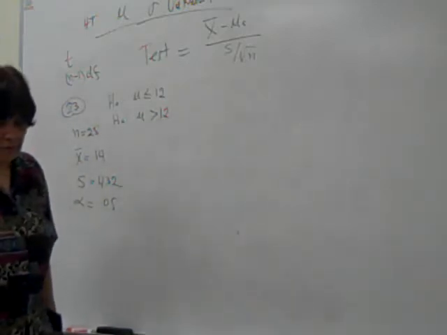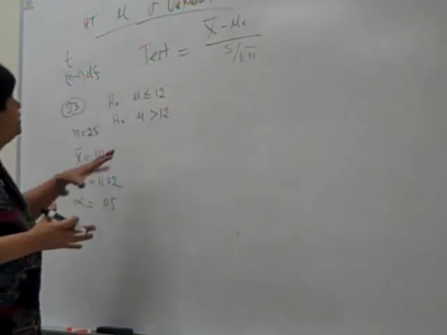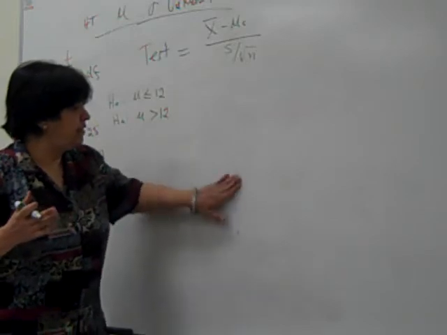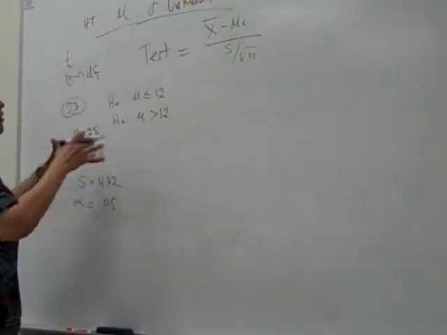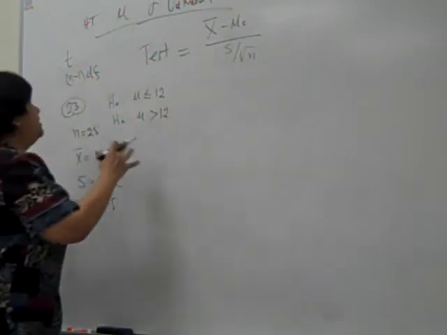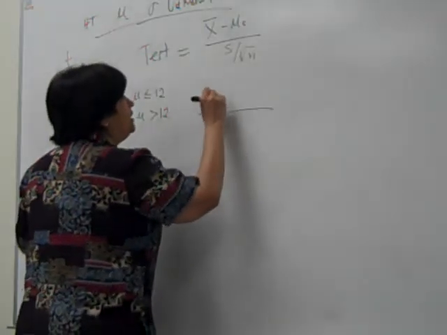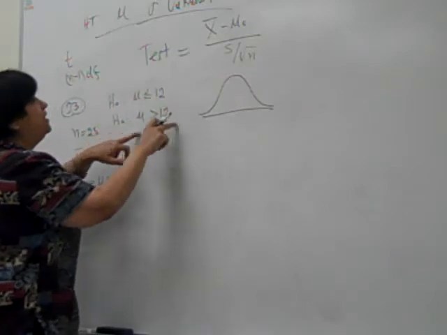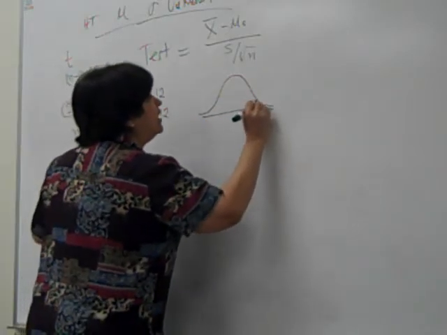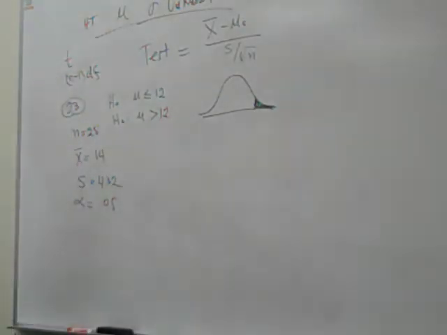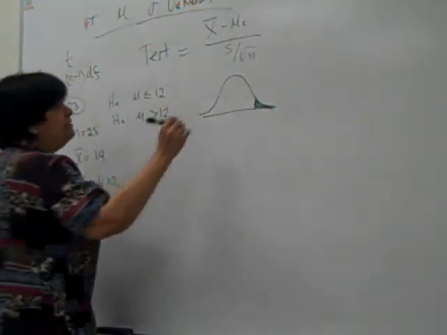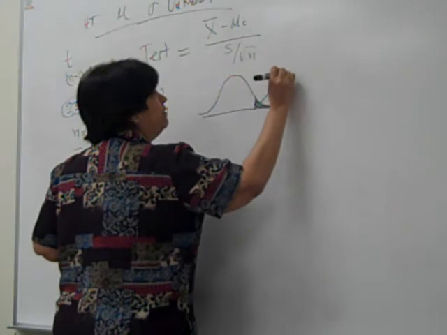So the first thing that we need to know is, after we formulate the hypothesis, we need to know what type of test this is. This is, again, a one-tailed test, but this now is an upper tail test. And we have alpha, this has to be 0.05.